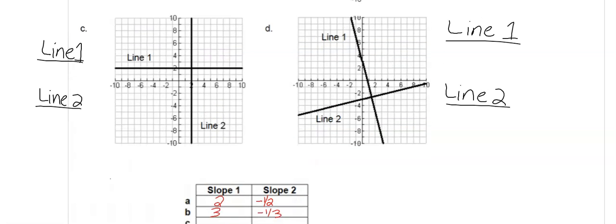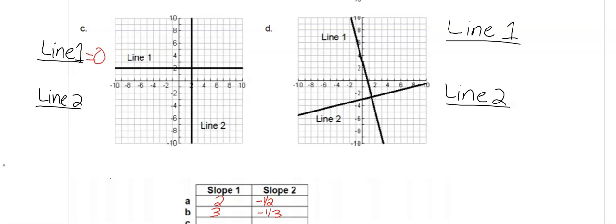Okay, so now we're going to look at graph C. If we look at line 1, again, we can see that this is a horizontal line. We do not deviate up or down at all, so our slope for line 1 is just equal to 0. That was one of our special cases we learned last unit. And if we look at line 2, we can see that it is straight up and down.